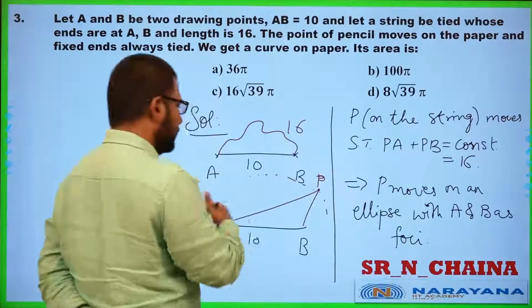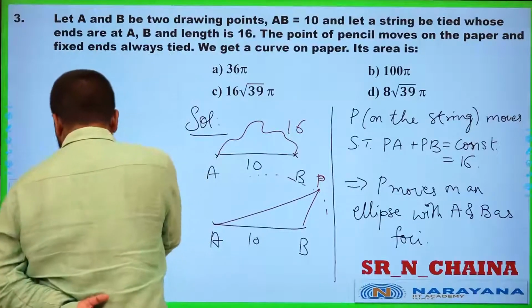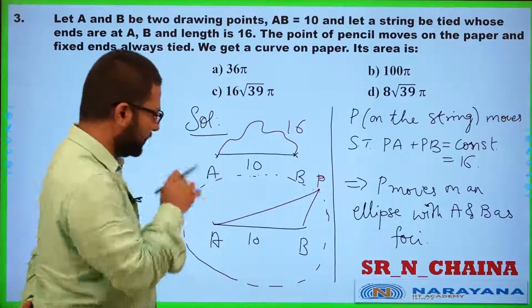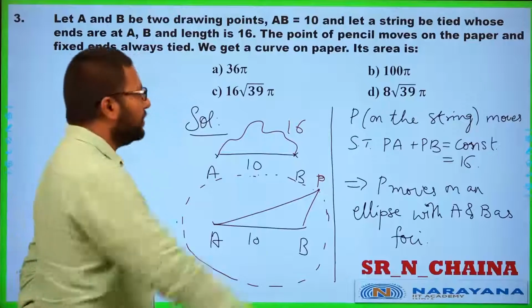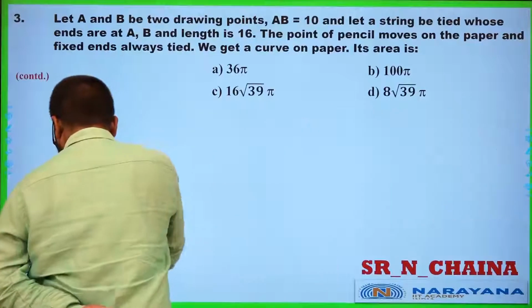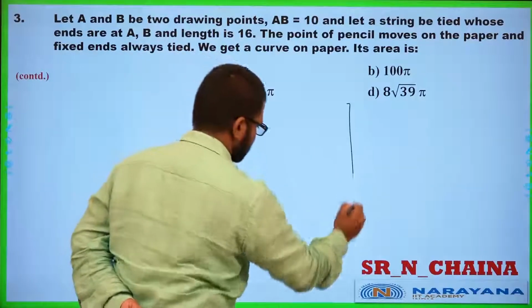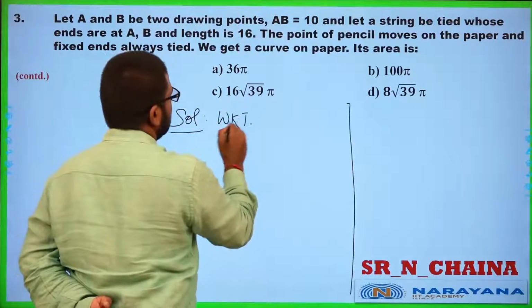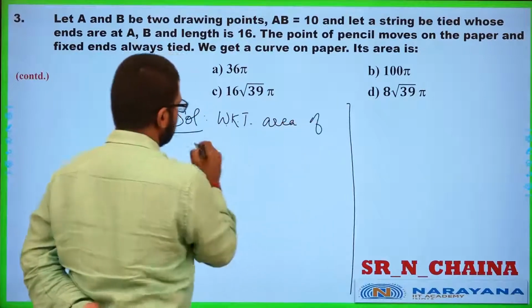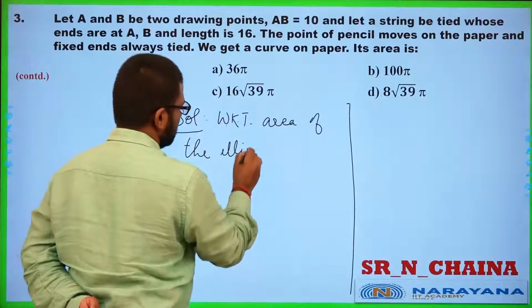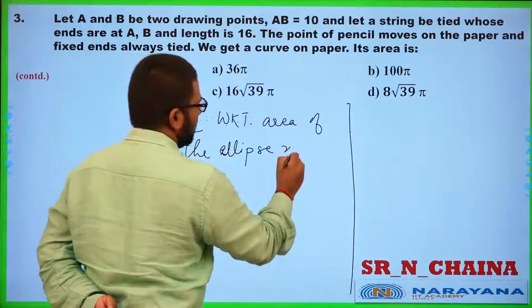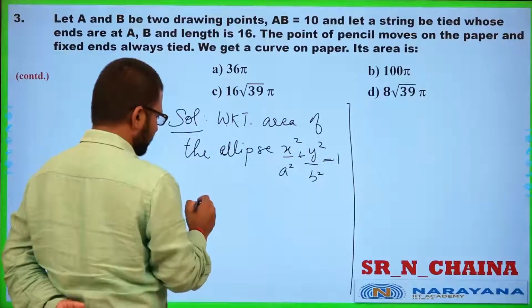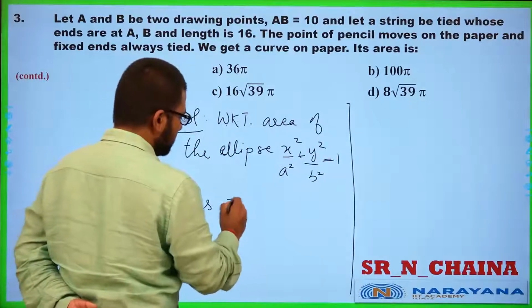Alright. So we know A and B are foci, P is moving on an ellipse. Let us finish that ellipse. Right? Okay. So now we have been asked what is the area of that ellipse. Now we know that the area of the ellipse x square by a square plus y square by b square equal to 1, for this ellipse, the area is pi ab, right?